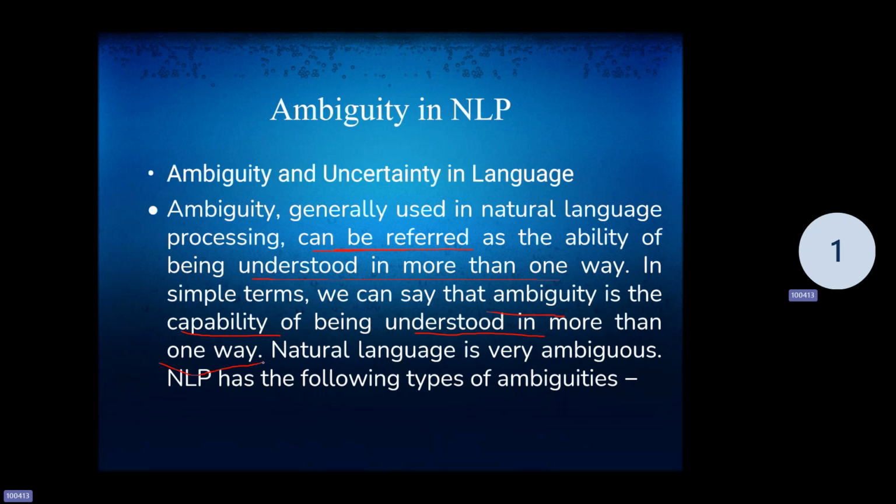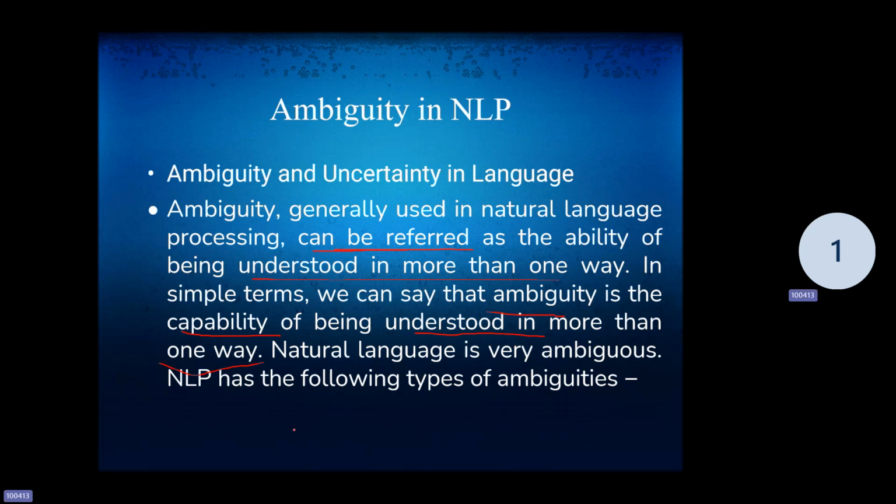So how can we understand which type of bank it is? By referring to the previous word. The previous one is river, so we can easily interpret that it's a river bank, not a financial bank. So there are so many ambiguities. Ambiguity means one word having many meanings. So natural language processing is very ambiguous.